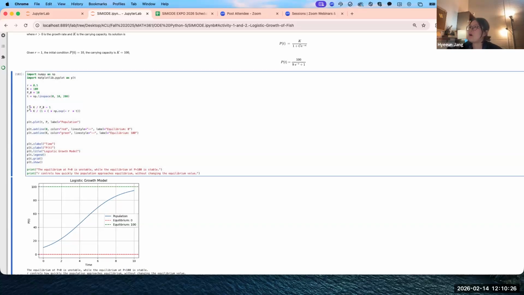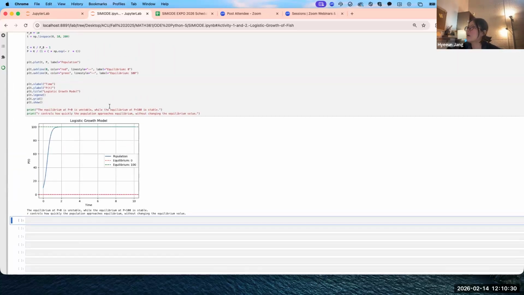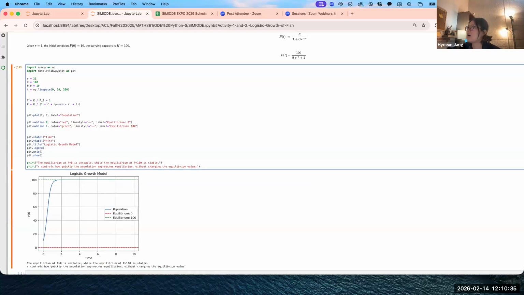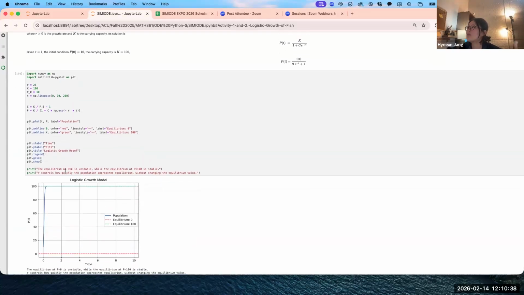But what happens if R is a little bit greater than 1, like 1.5? It is a little bit steeper than before. What happens at 2.5? It is pretty much steeper, but the equilibrium stability does not change at all as we change R, because they still eventually go towards 100, the carrying capacity, and P equals 0 is unstable.